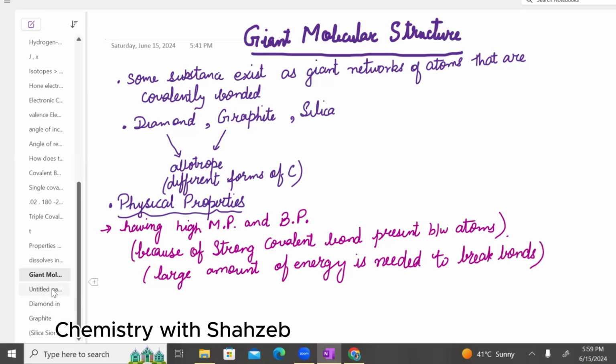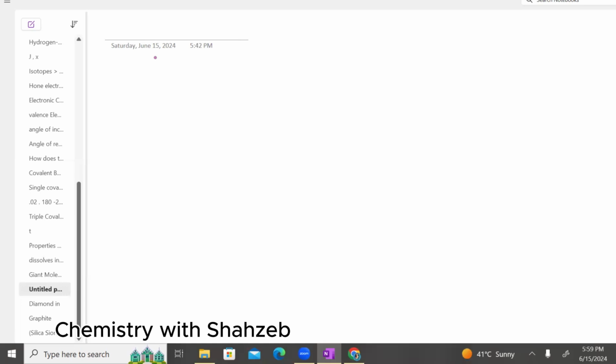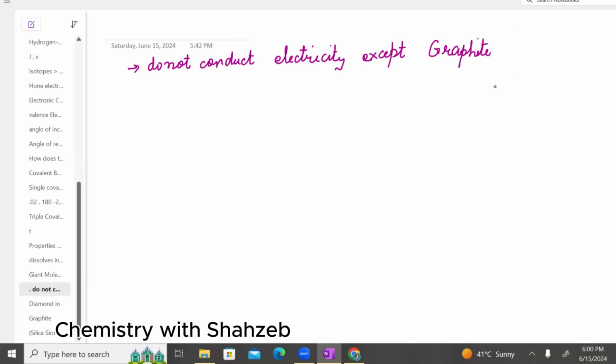Now, let's discuss that substances with giant molecular structures do not conduct electricity, but there are some exceptions, like graphite. Graphite is the only one which can conduct electricity, and the reason is that carbon is C-6-12, so carbon has 4 electrons in its outermost shell.